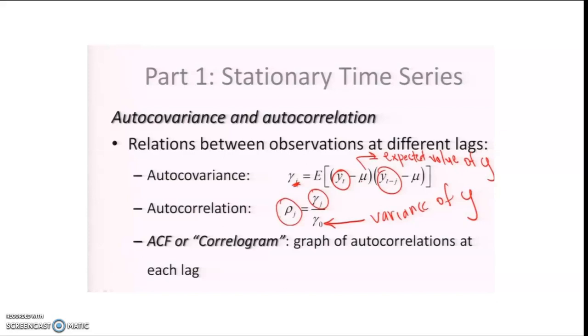And the autocorrelation is equal to the autocovariance divided by the variance of y, and that is shown by rho j. So we are using the autocorrelation function, which is also known as a correlogram, and that is the graph of autocorrelations at each lag.